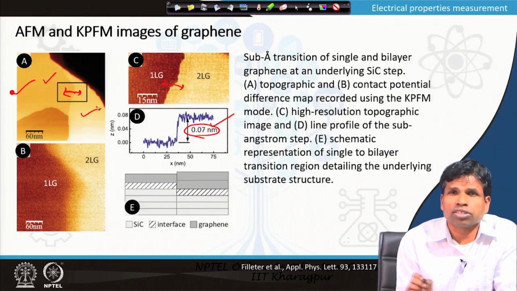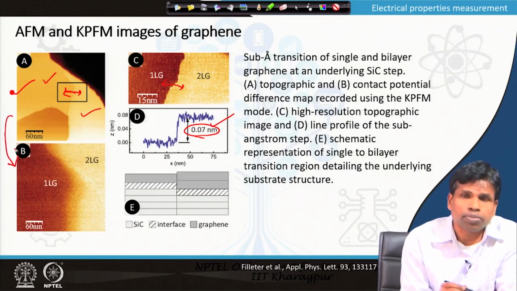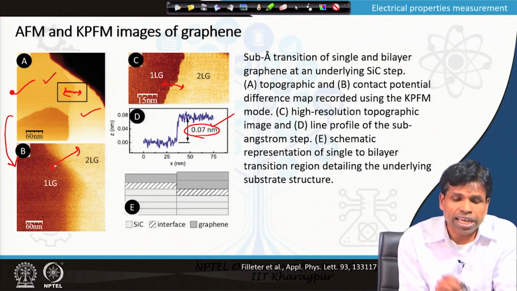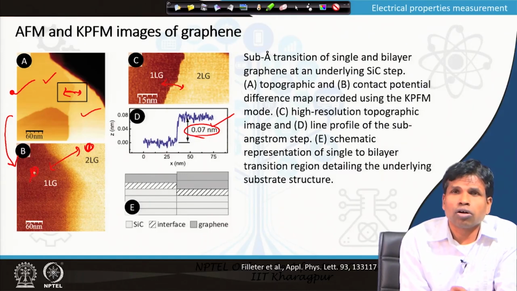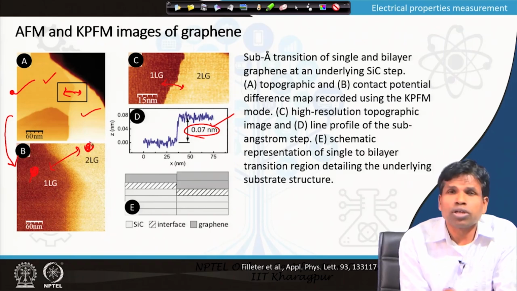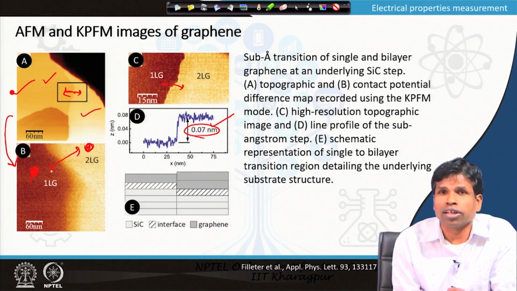So, height measurements are not sufficient, but if we do a Kelvin force microscope or surface potential measurement, we see a contrast difference. As there is a contrast difference, that clearly says the electrical properties of this region and the other region are different, thereby confirming that these are two different kinds of materials, and particularly in this case it is two layer graphene and one layer of graphene.